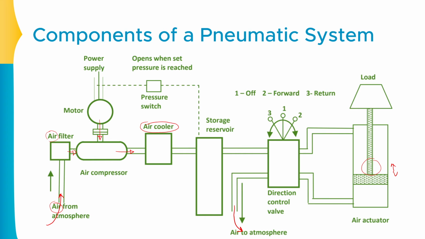Once the air is cooled, it is sent to the storage reservoir, which is part of the system. In this storage reservoir, we have the compressed air. To control the pressure of this system, the pressure of this storage is continuously measured.